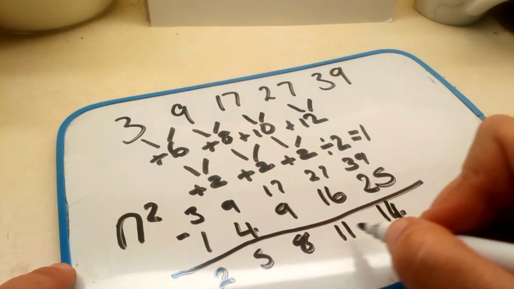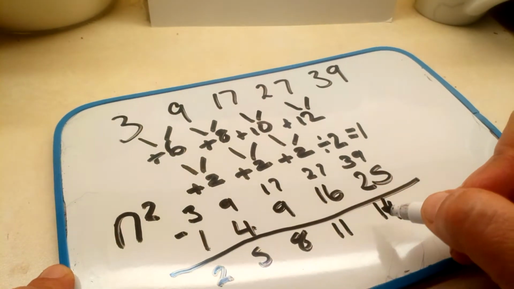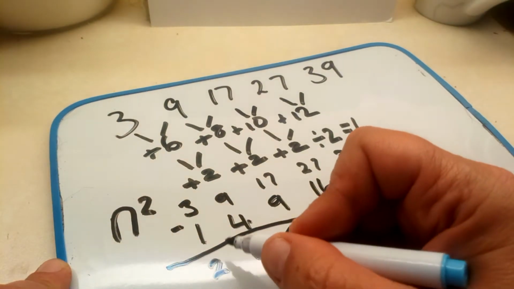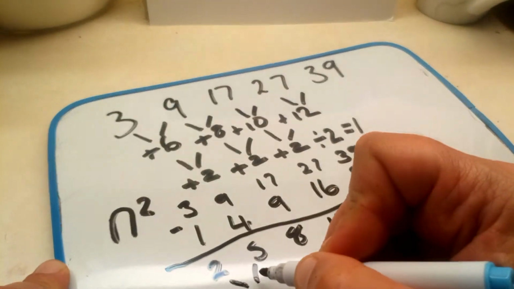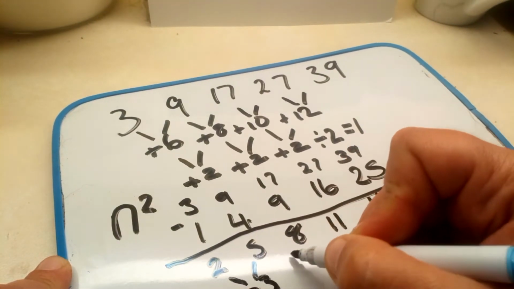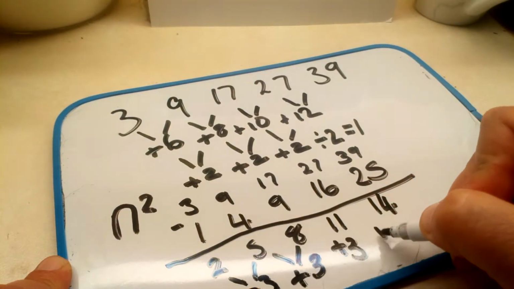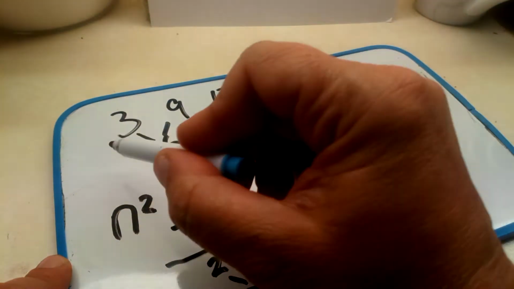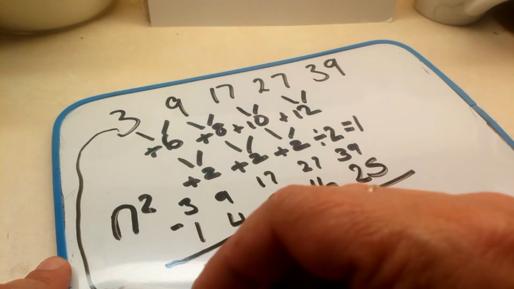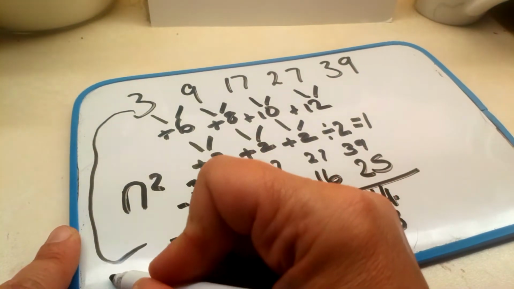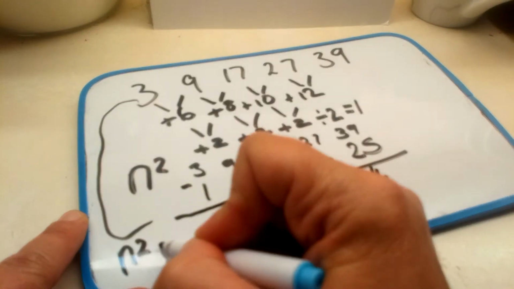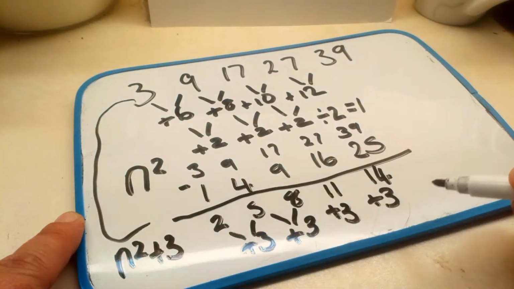Now we can't have that as a difference because they're all different again, so we're going to have to work out the difference between these. Plus 3, plus 3, plus 3, plus 3. So our whole nth term for this sequence is n squared plus 3.